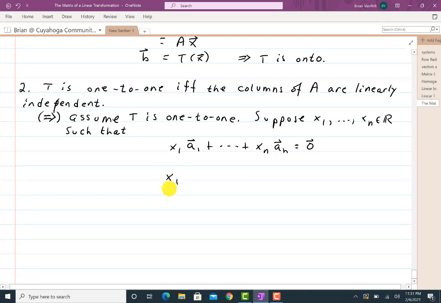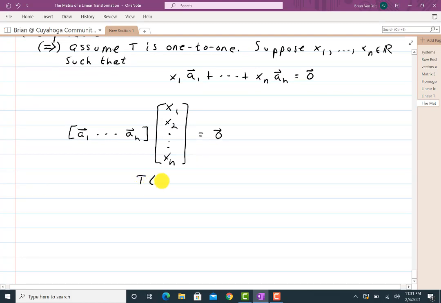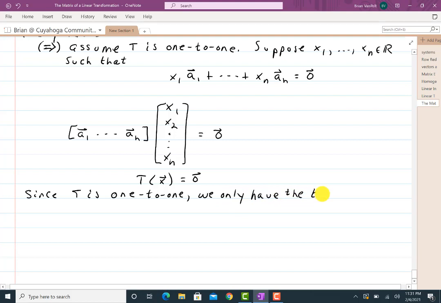I can do the matrix a1 up to an times the vector x1, x2, up to xn, and that's equal to the zero vector. And of course, this is T of x equals the zero vector. Now, since T is 1 to 1, we only have the trivial solution.